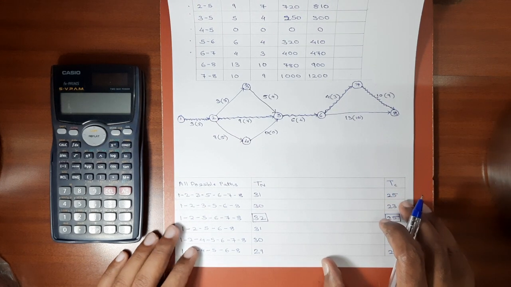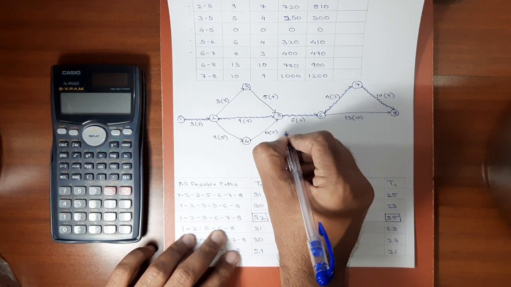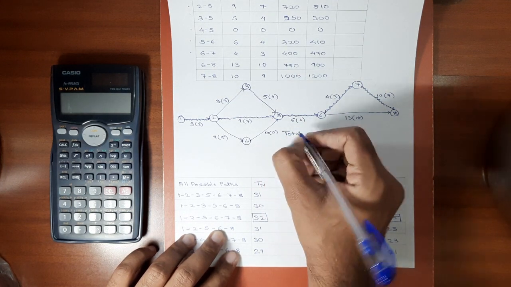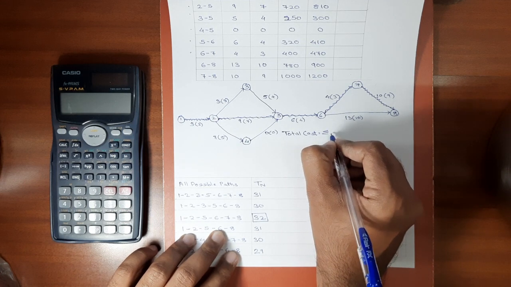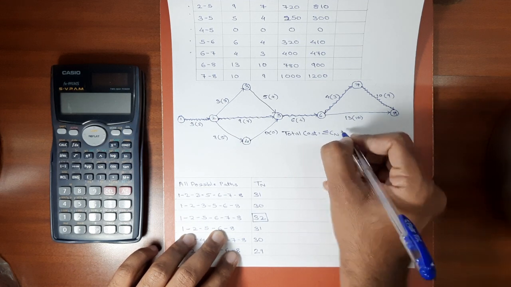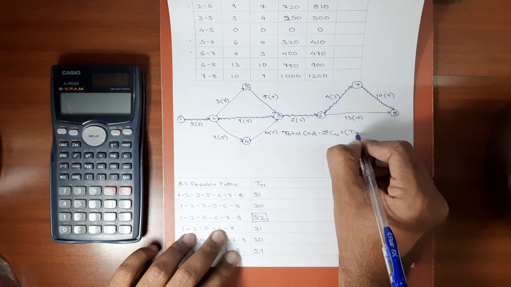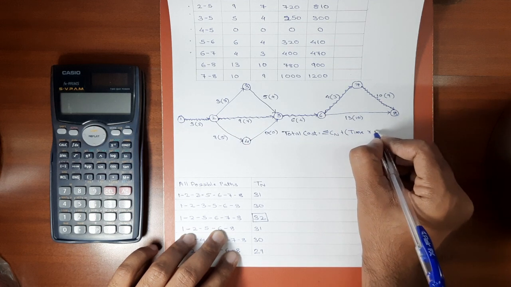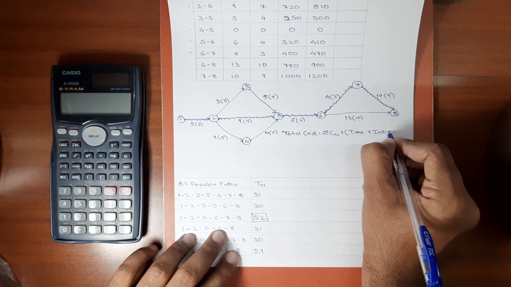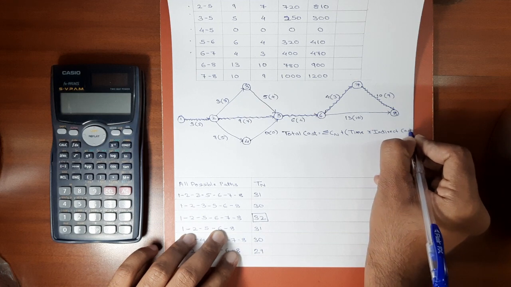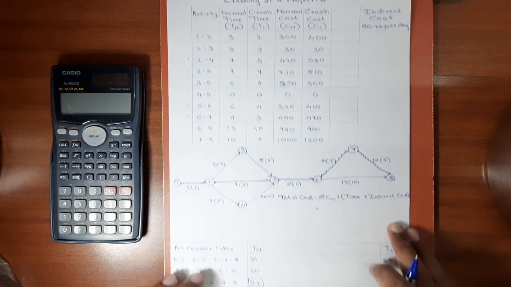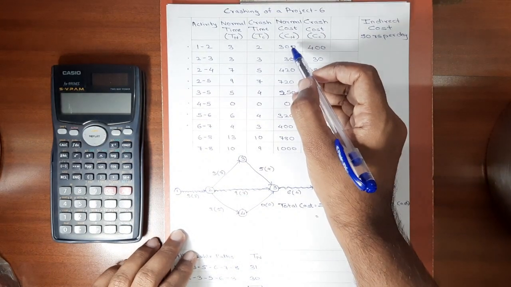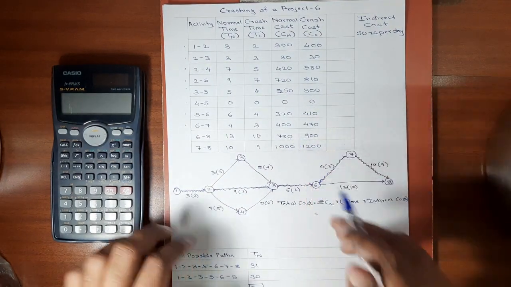The next step is we'll be finding out the total cost of the project. The total cost of the project is calculated by using the formula summation of normal cost plus project time into indirect cost per day. Now the summation of normal costs will be adding all these costs which are given in the column of normal cost.